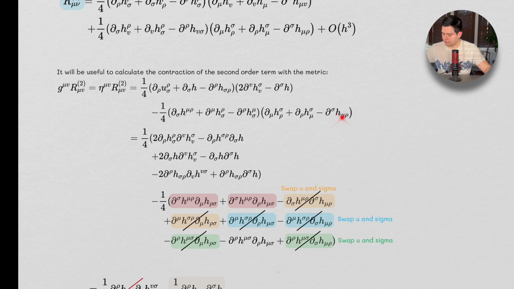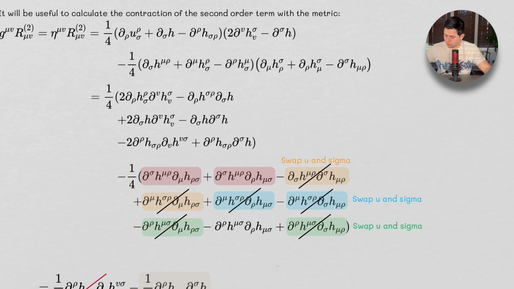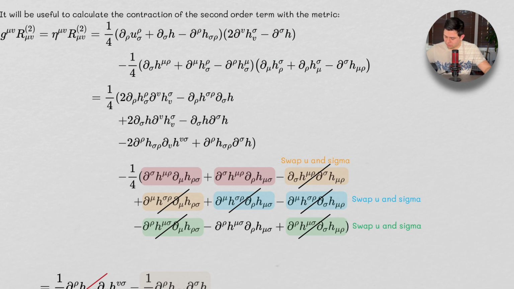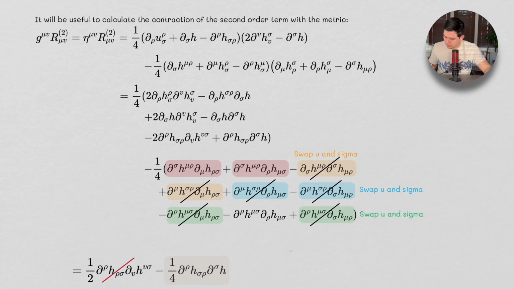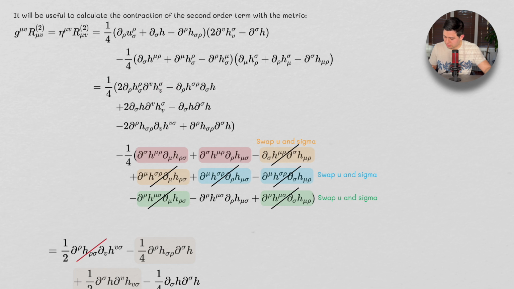And raising and lowering indices on these perturbations also doesn't really do anything because, again, a lot of this is just dummy variables. And so we can combine all of these together and we get all of this mess of a thing, right? So we multiply this with this, we get this here. Same thing, right? So this multiplied with this, we get this one, and then this multiplied with this, we get this.